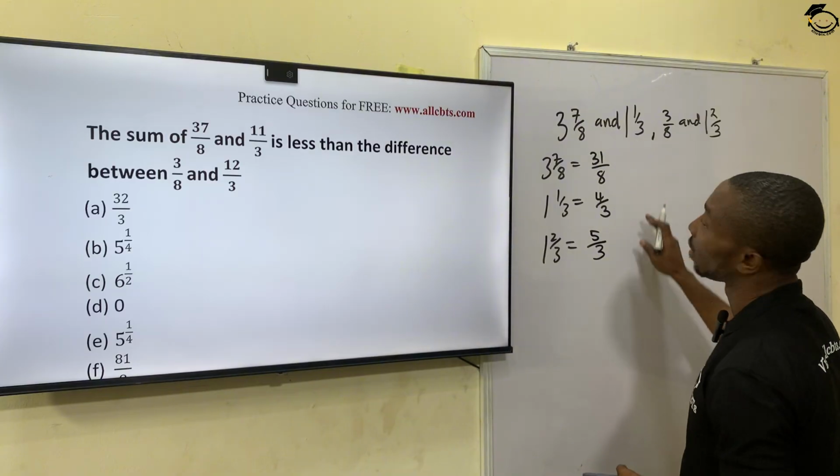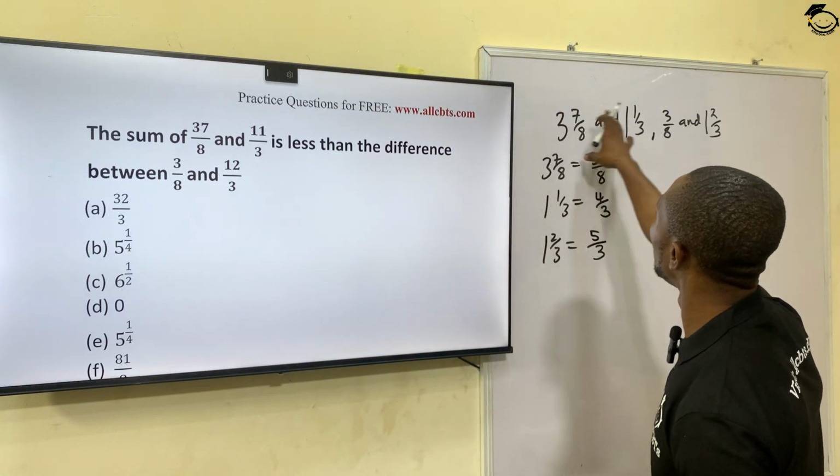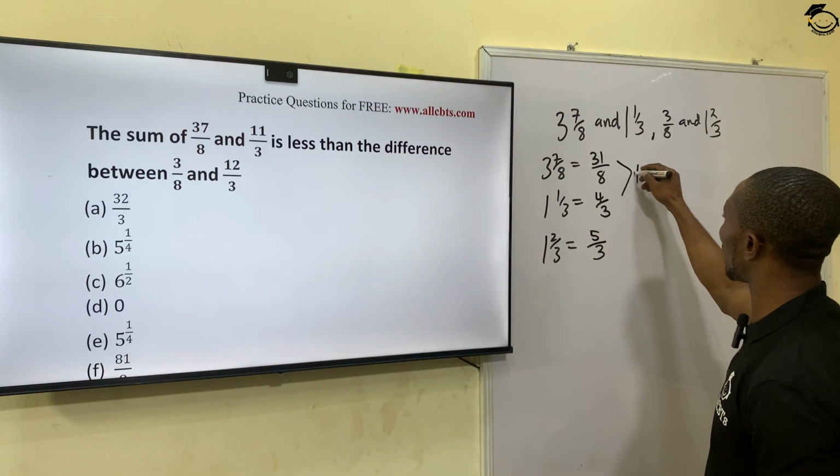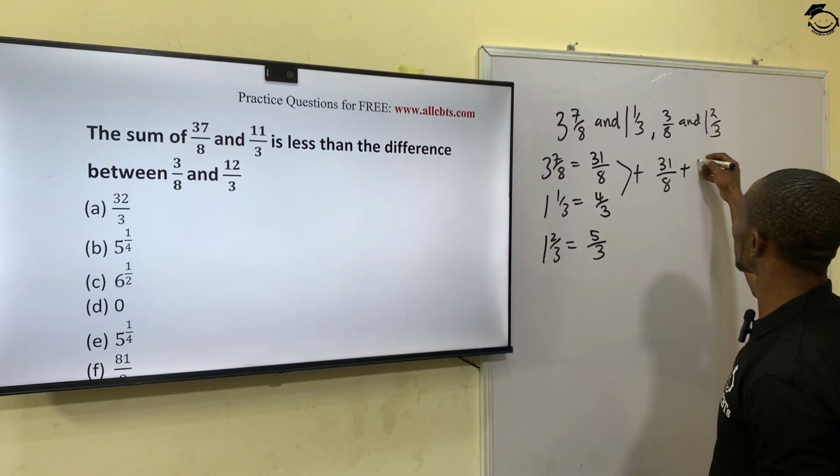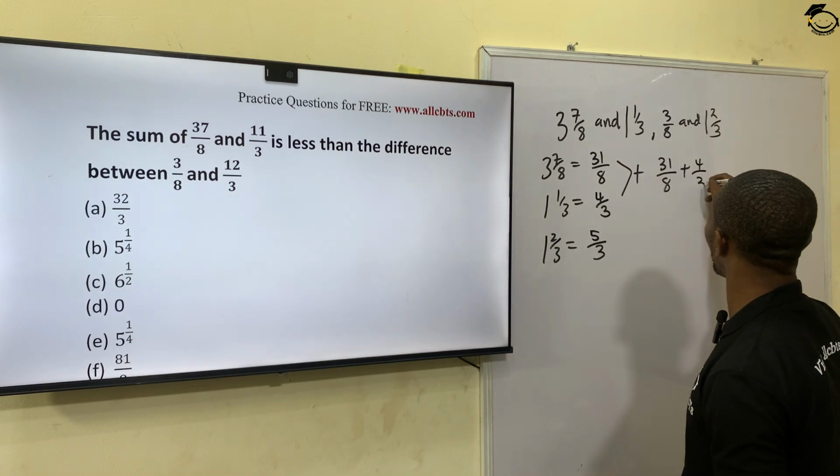All right, now they said the sum of these two, so adding these two together, this becomes 31/8 plus 4/3.